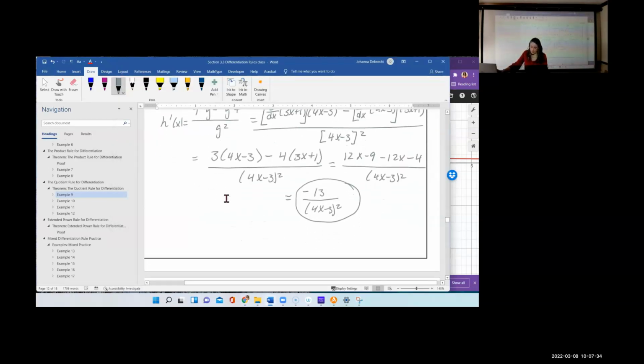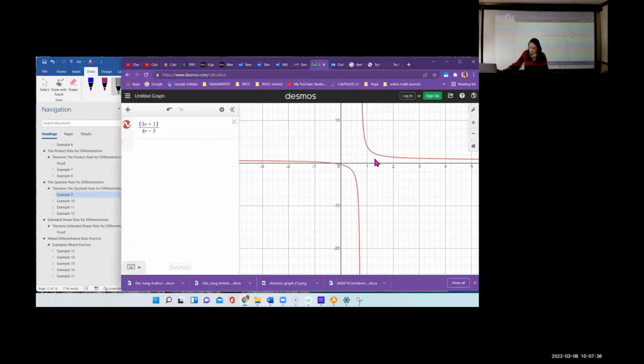And let's say that we want to know what the slope is at a particular point. So let's find a point on the graph. Looks like 1, 4 is on the graph. So I want to find the slope at 1.